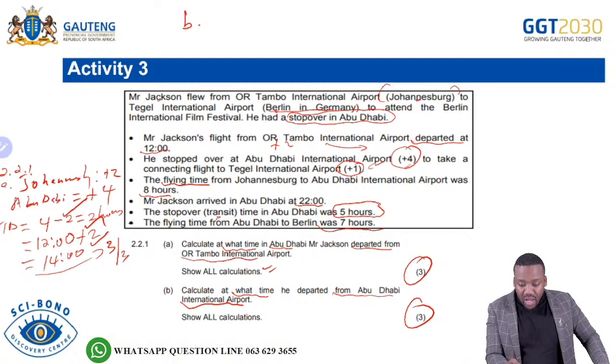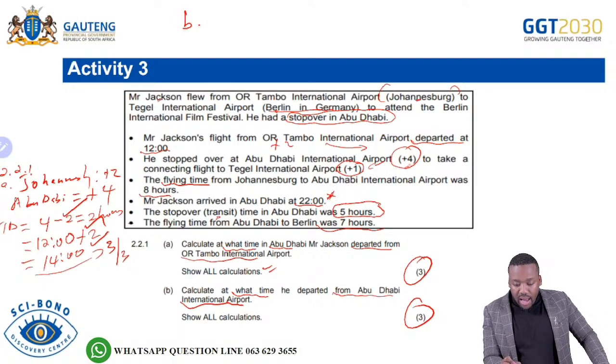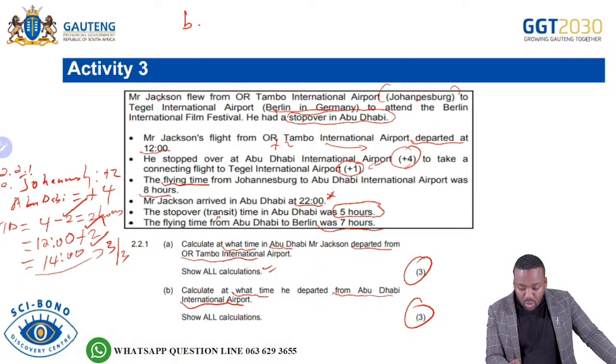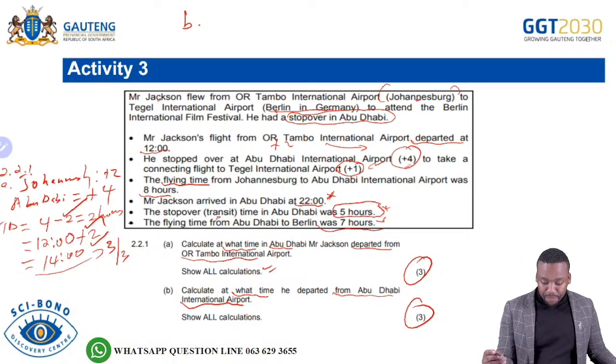Mr. Jackson arrived in Abu Dhabi at what time? The stopover in Abu Dhabi was 5 hours, and the flying time from Abu Dhabi to Berlin was 7 hours.